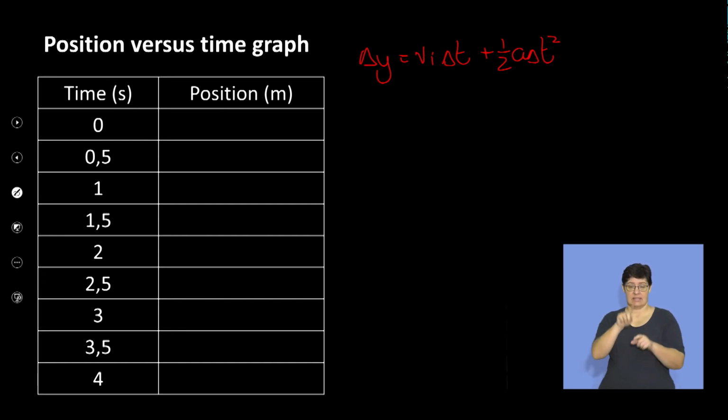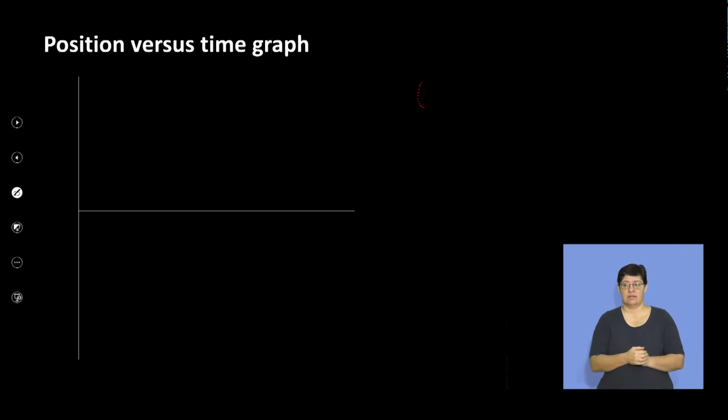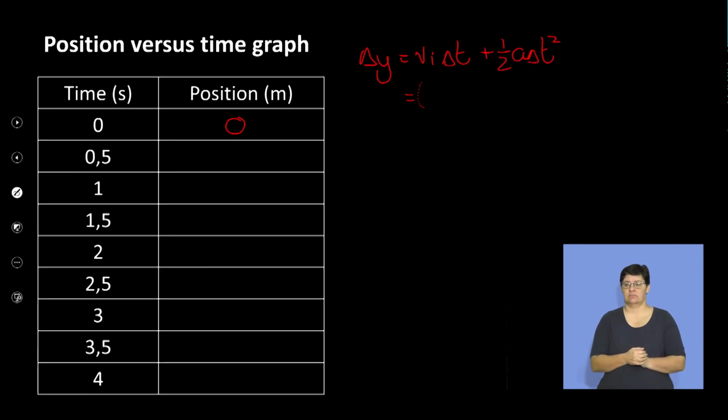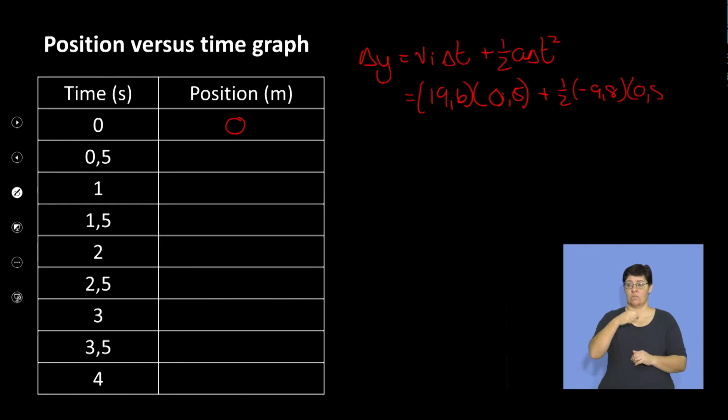And we would do exactly the same thing as we did last time. Now, first of all, position when it's 0 is 0. It hasn't moved. So 19.6 times 0.5 plus a half minus 9.8 times 0.5 squared.